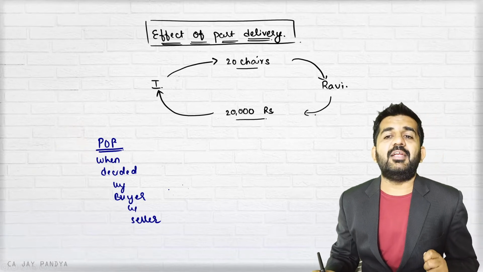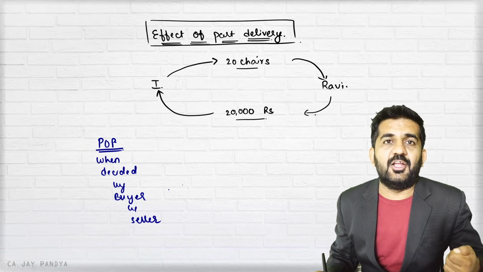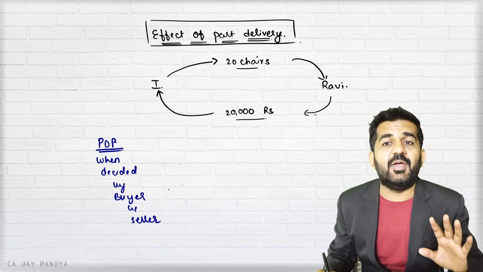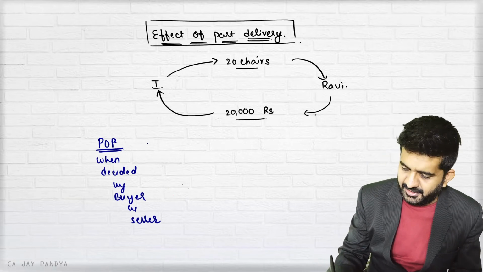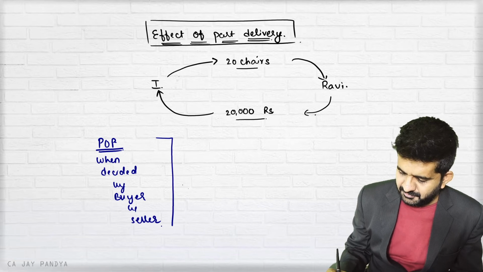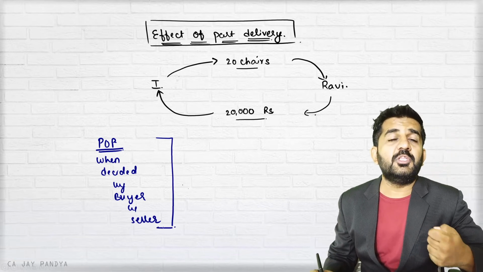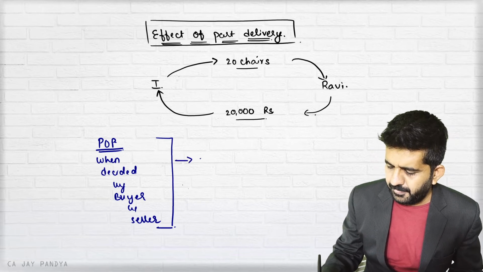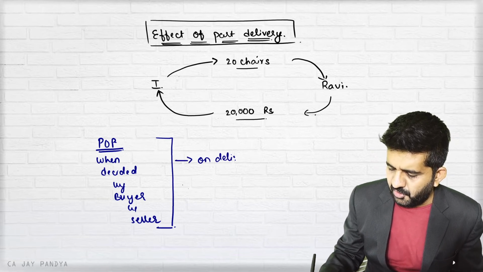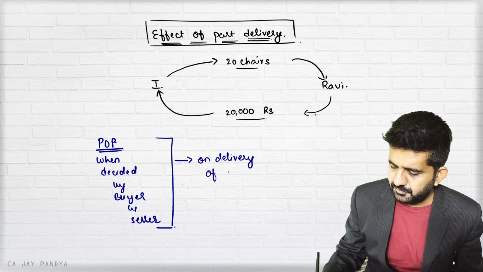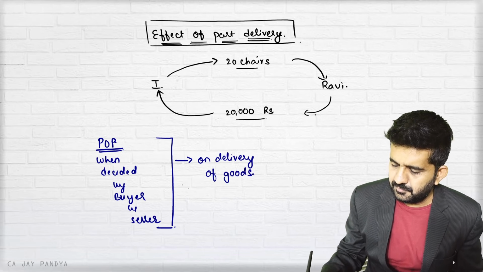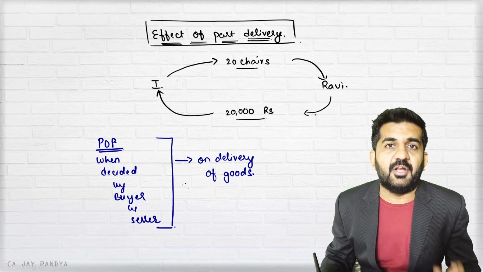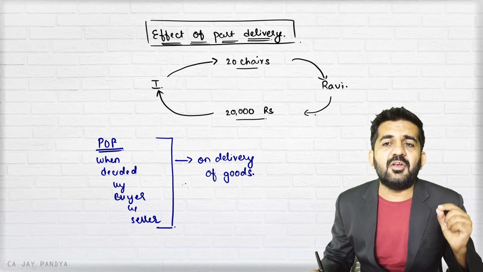So, let me tell you, when the buyer, who is Ravi, and the seller, who is I, are deciding when the ownership will be transferred, Dishita might have given this answer: we both have decided that ownership will be transferred on delivery of goods. Can Ravi and I decide this?